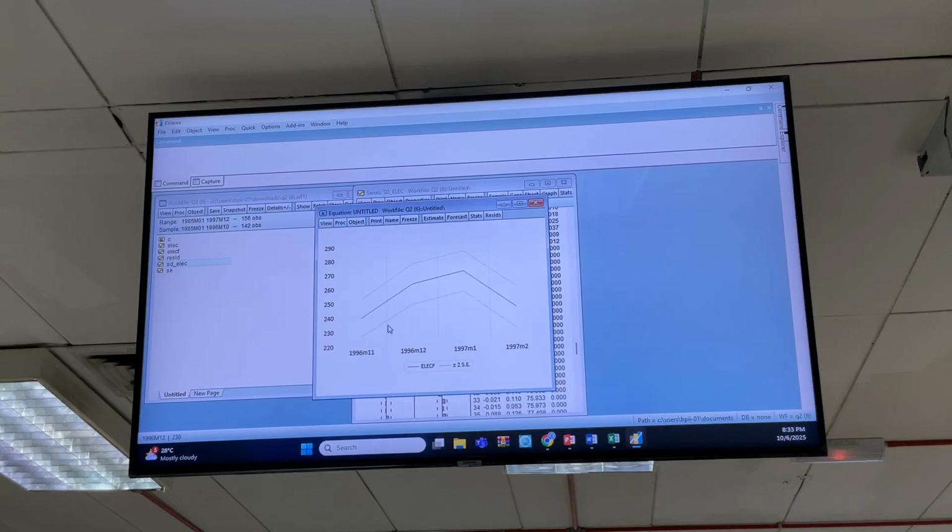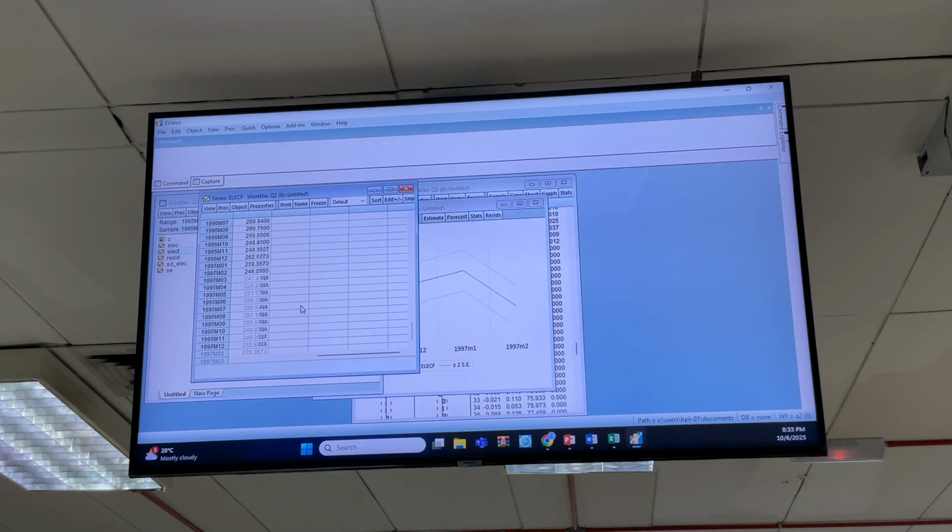Okay, so you have the forecast values here, plus 4, and then your SE given here.